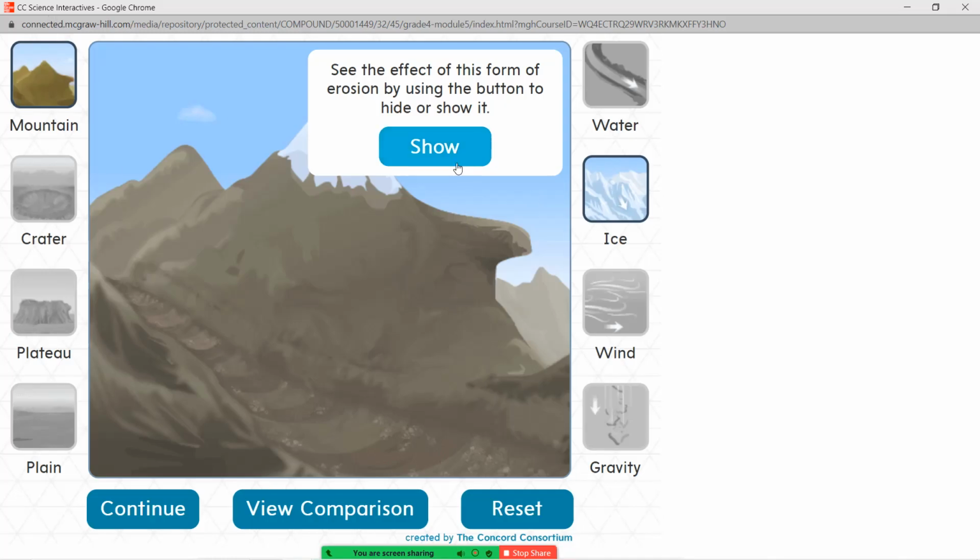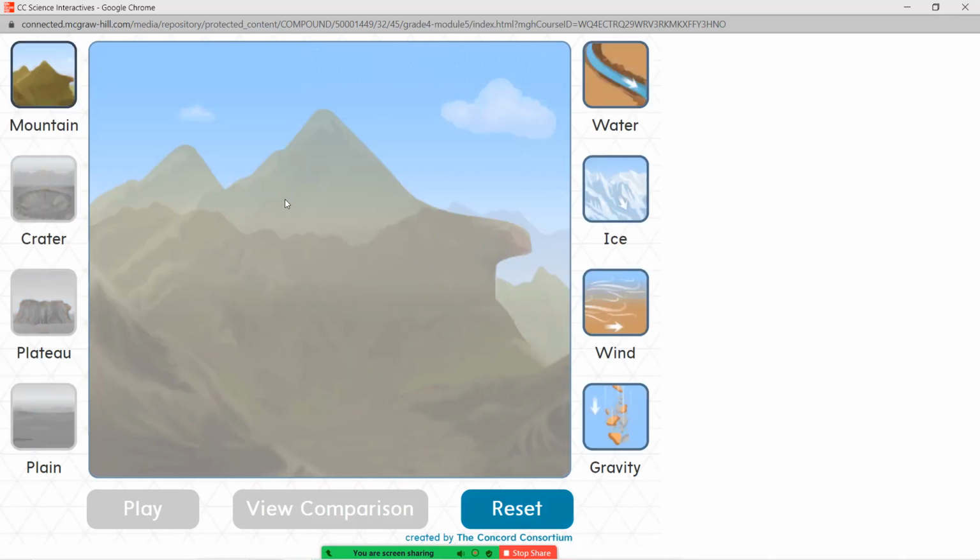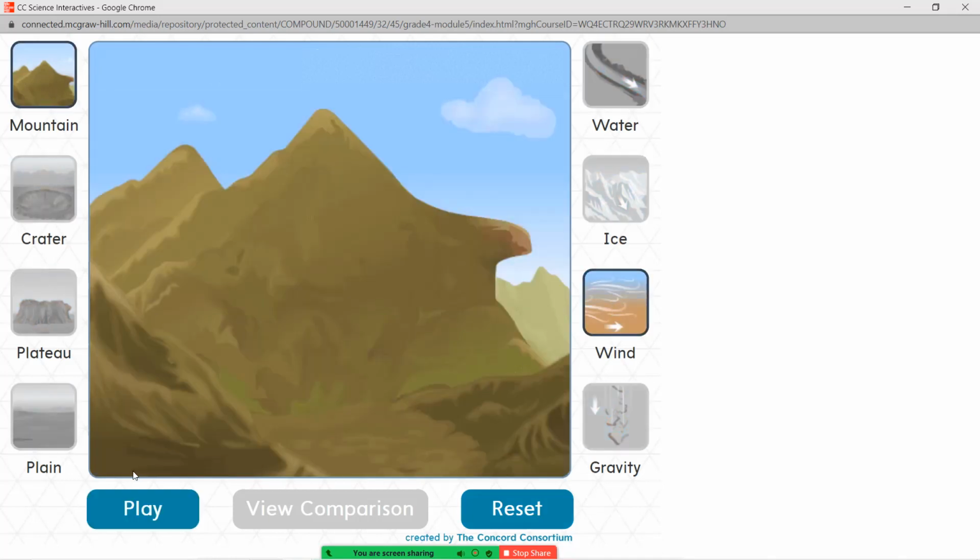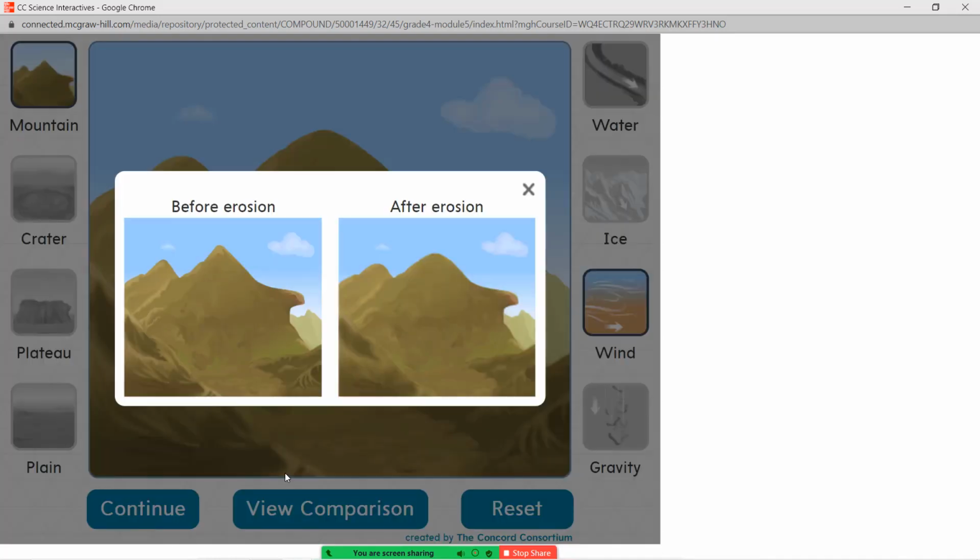Okay, what about wind? So let us reset one more time. And let's see how wind is going to cause changes in our mountain. All right, so take a look at our before and our after.